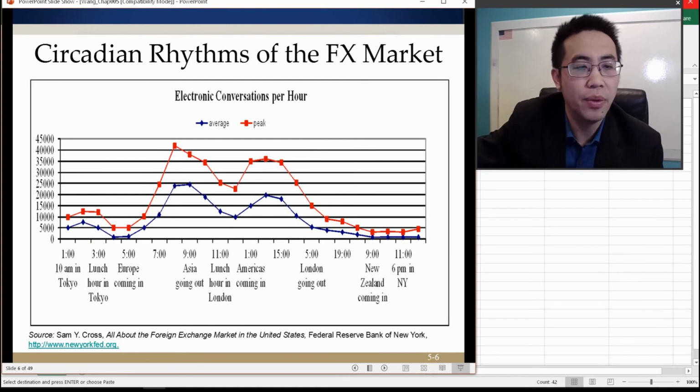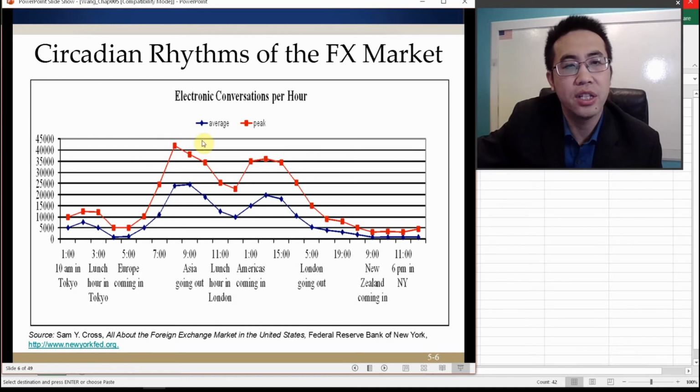And then gradually the Europeans come out. Then you will see the exchange trading volume reach a peak. That's actually the highest peak over the day, because this peak combines the trading of both Asians and Europeans.